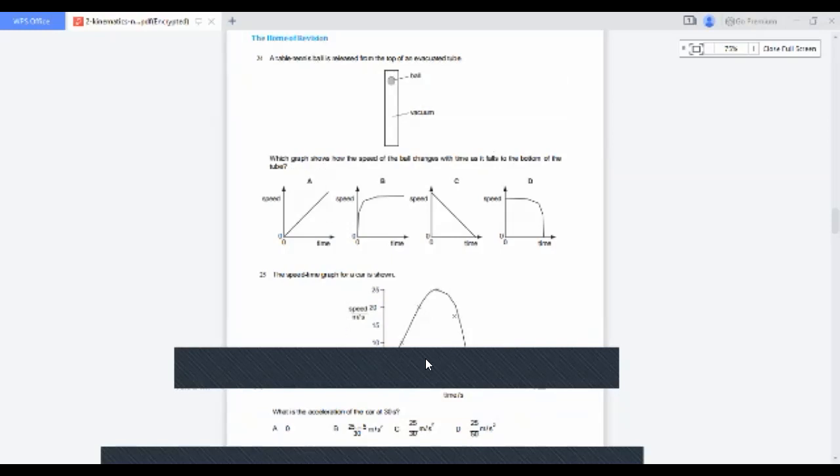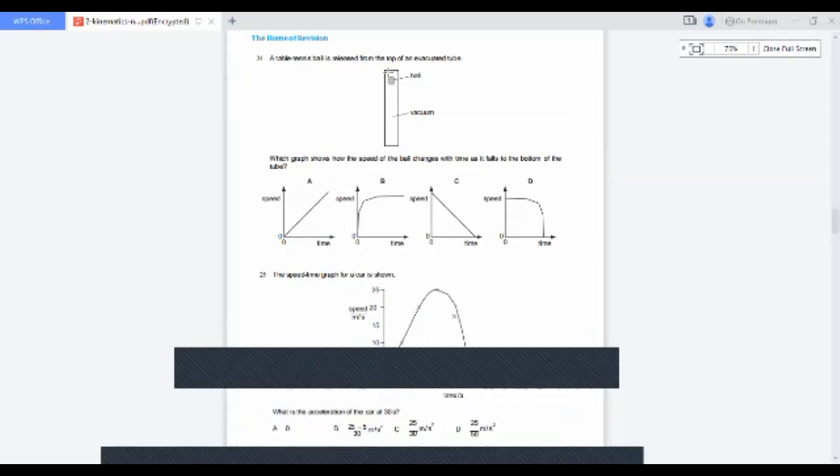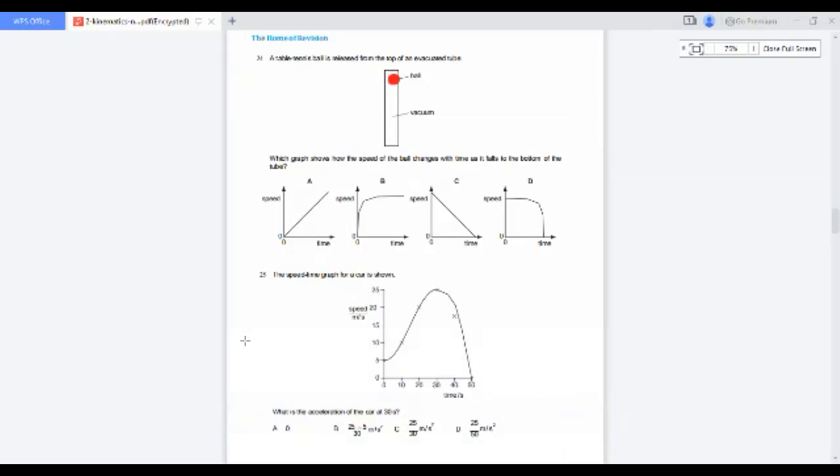Okay, so you can see when this ball is allowed to drop down, there is no friction force, so its acceleration would be gravitational acceleration, and gravitational acceleration means there is a constant increase in velocity.